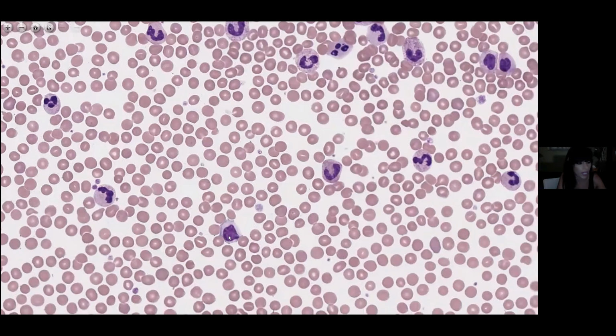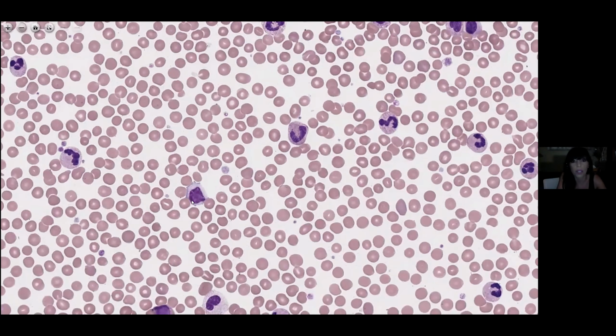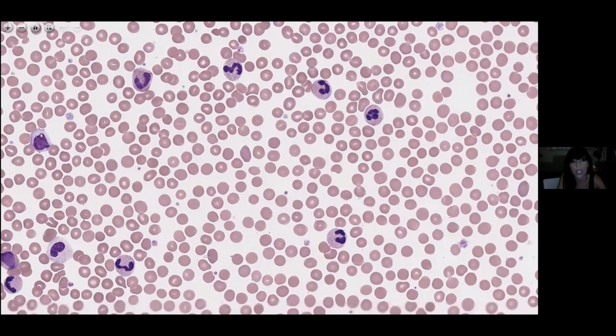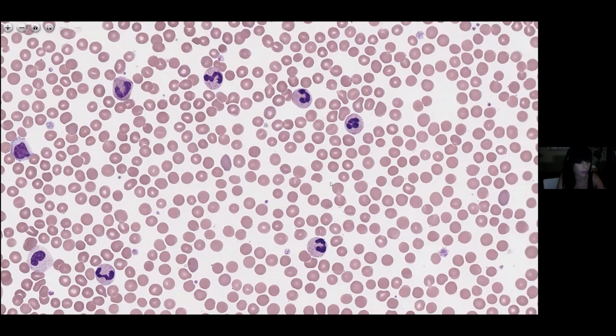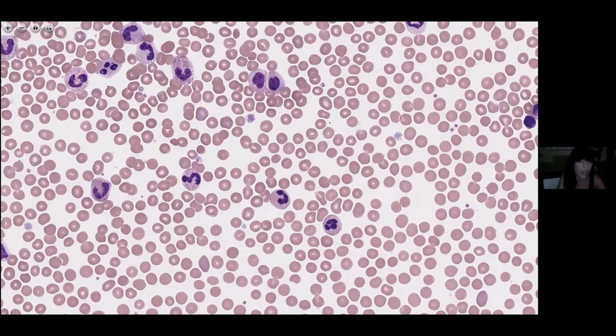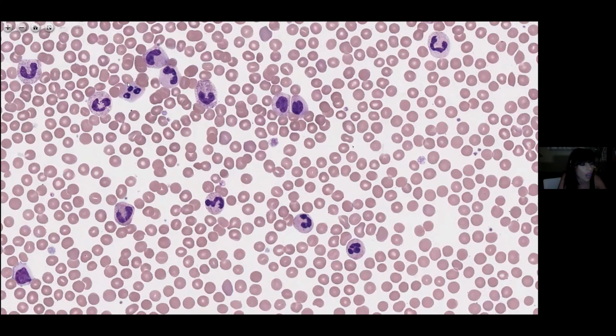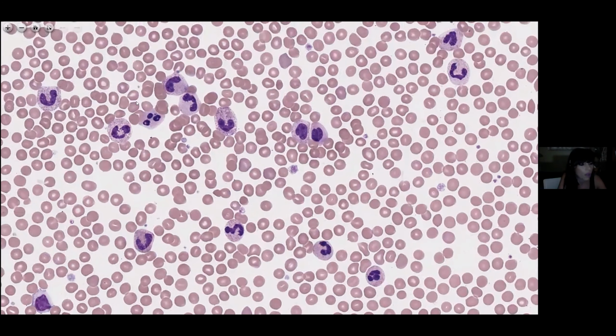A typical lymphocyte here, where it's kind of wrapping around the RBCs, with a darker cytoplasm where it touches the RBCs. I also saw some of these almost pyknotic or necrotic cells, where they're starting to undergo apoptosis.